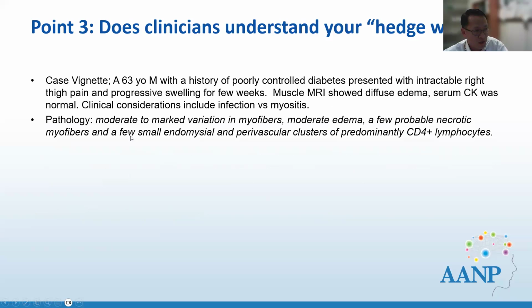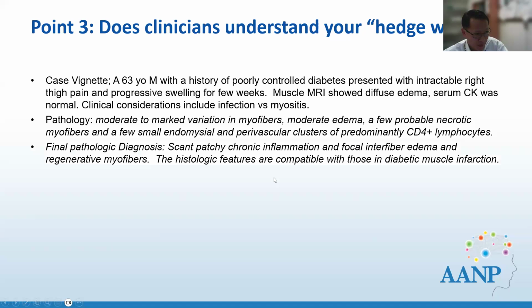The pathology shows moderate to marked variation in myofibers, edema, a few probable necrotic fibers, and a few small perivascular clusters, and the diagnosis is fairly long: scanty patchy chronic inflammation and so on. But here's the correlation: the histology features are compatible with those in diabetic muscle infarction.